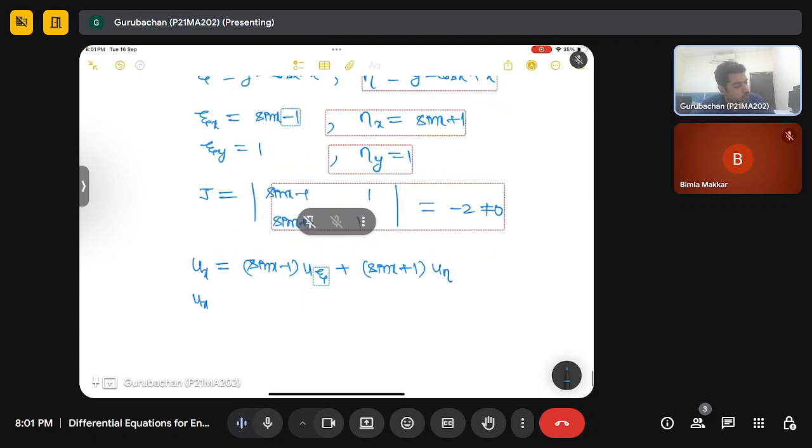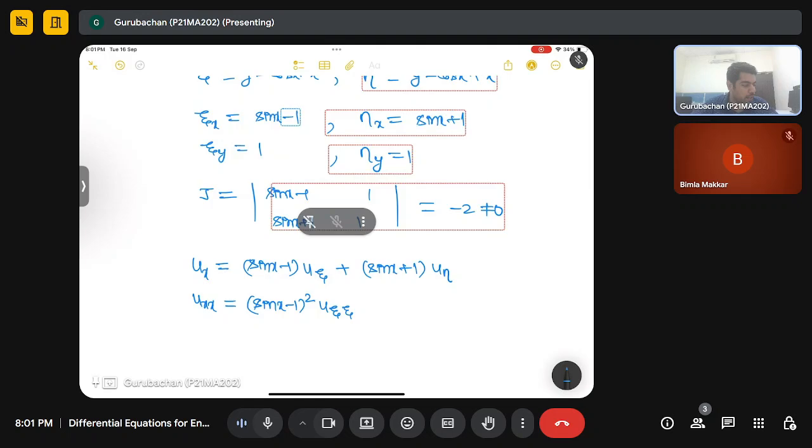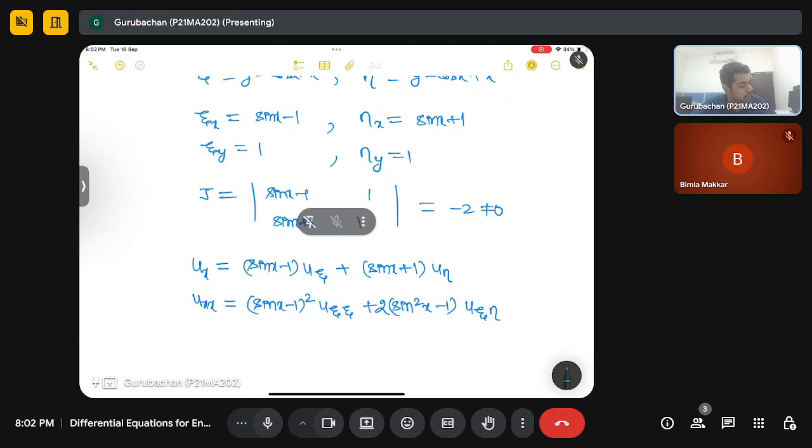Then uxx will be sin x minus 1 whole square u xi xi, and when you differentiate with respect to eta, this will be sin square x minus 1, and it will be 2 times because of the xi eta and eta xi, and the third term will be eta eta, that is sin x plus 1 whole square u eta eta.